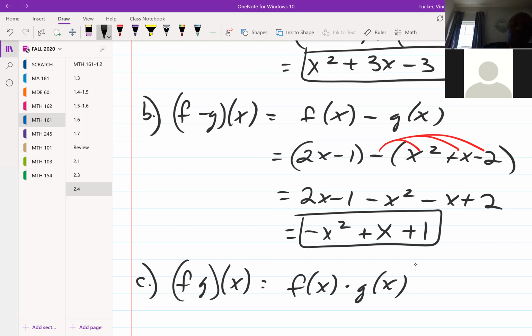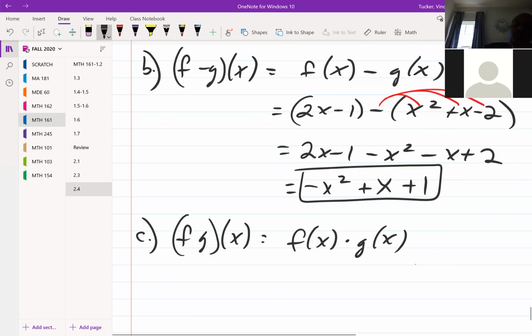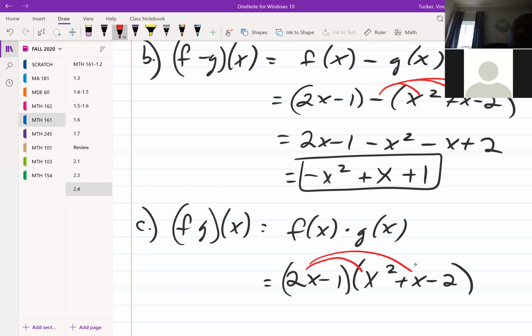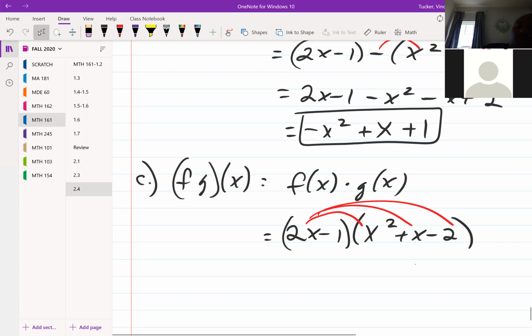All right, f times g of x. All right, so we're multiplying both expressions together. So distribute the 2x: 2x cubed plus 2x squared minus 4x.